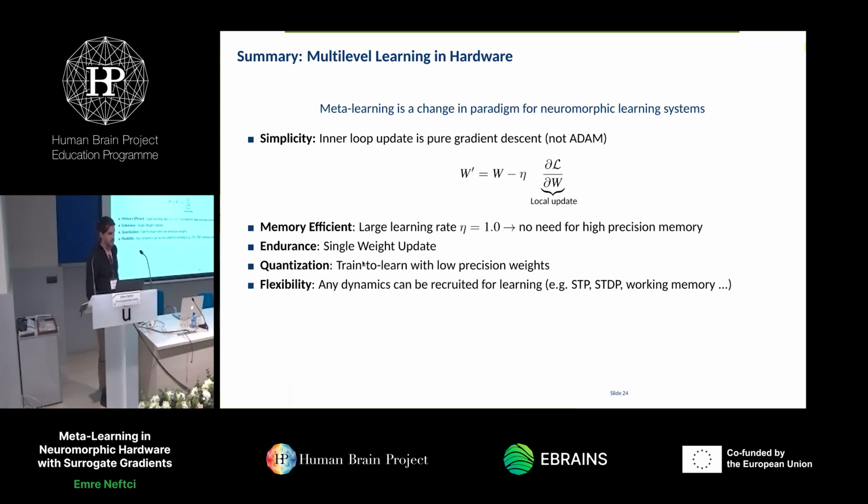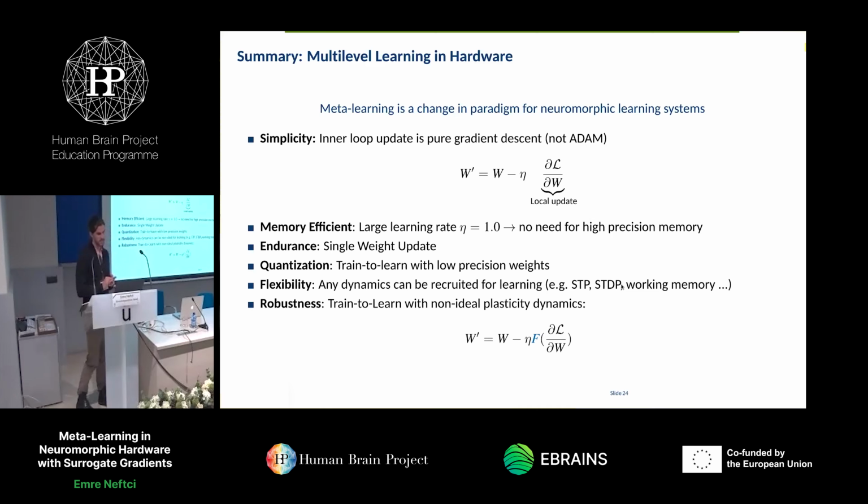And flexibility, as I mentioned. In the same way as we can learn to learn with simple learning rules, we can actually recruit any dynamics in the network for learning. There was some really cool work by DeepMind showing meta reinforcement learning, where they're doing reinforcement learning with prefrontal cortex activities rather than prefrontal cortex weights. And so you can imagine that you can also learn with just working memory.